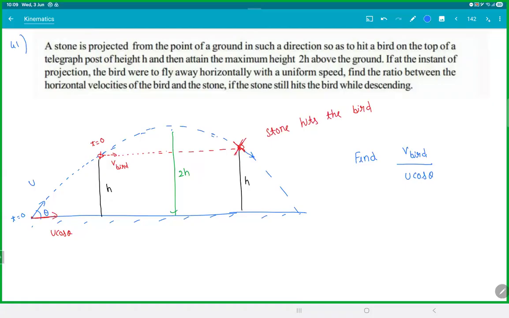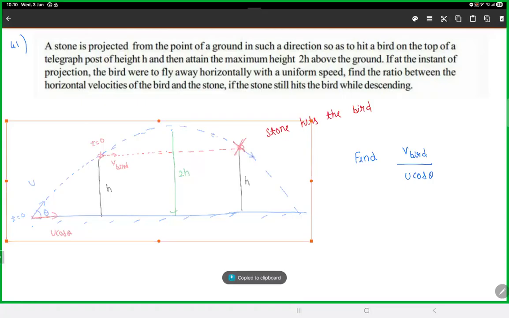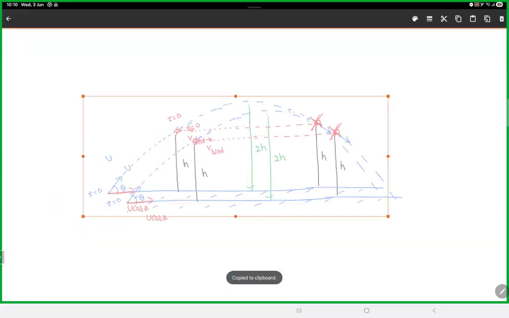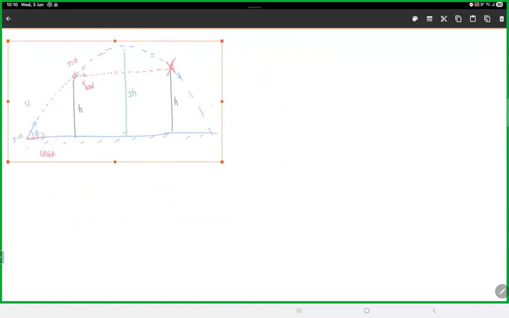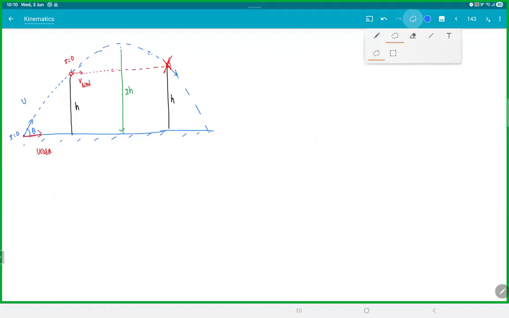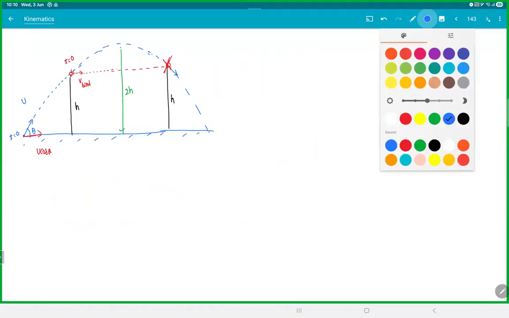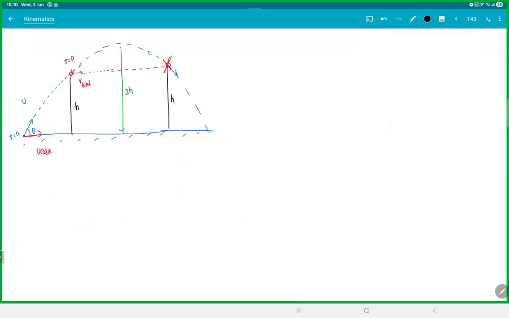So once we got this picture here, let's see the data points here. Let this distance be x1. Let this distance be x2. So the first telegraph post is at x1, the second is somewhere at x2.